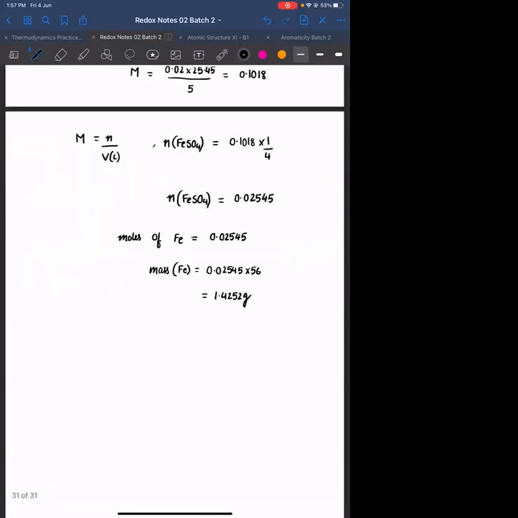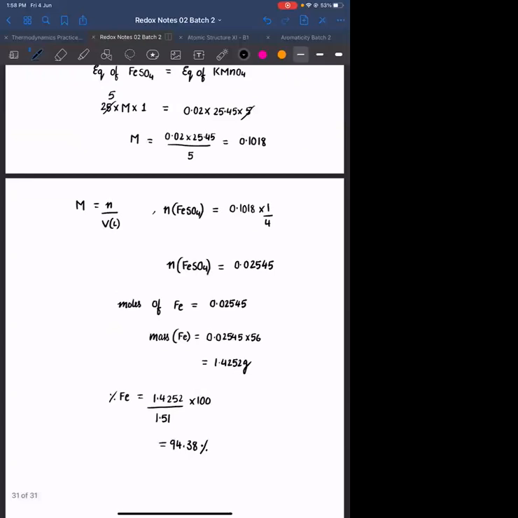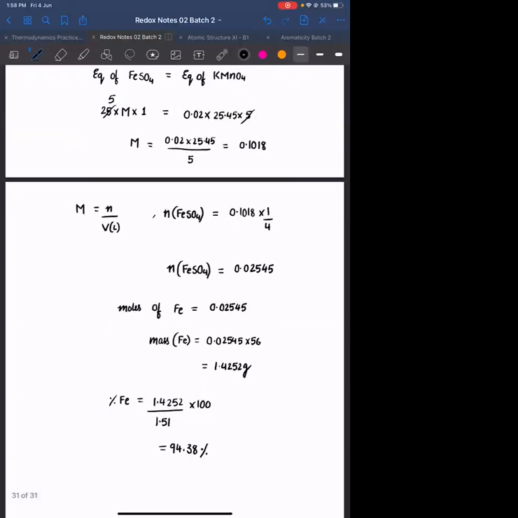So what will be the percentage purity of Fe, or percentage Fe? It is 1.4252 upon 1.51 into 100, which comes out to be 94.38%. The calculation comes out to be 94.38%.